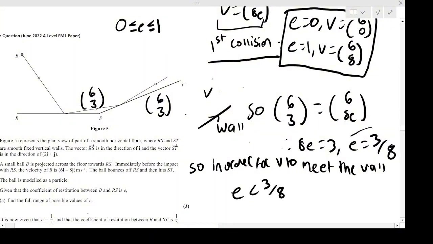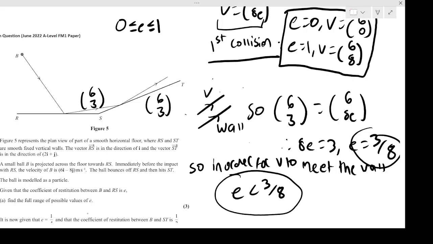Because when it's equal to 3/8, that's when the vector and the wall have the same direction, so they're parallel, but I don't want them to be parallel. I want V to be less steep, so I need to reduce the vector down, okay? And so I get this inequality here, and there we are.